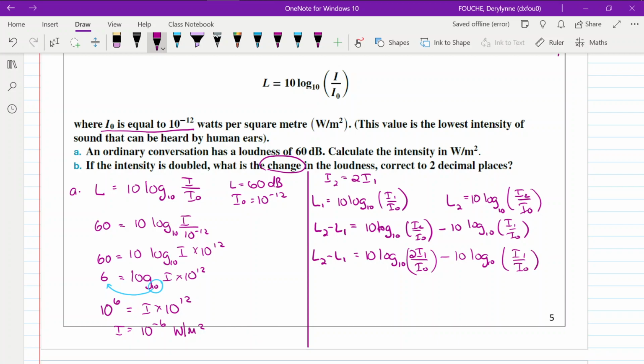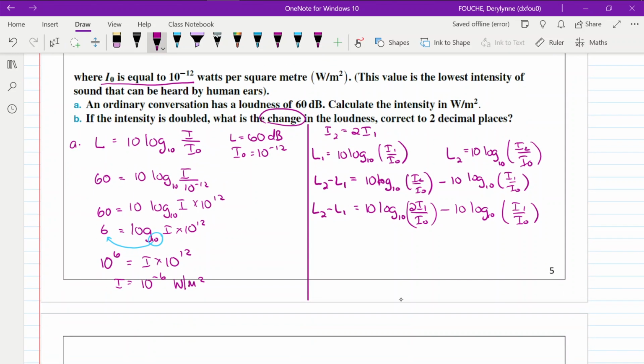Okay. And what shall I do now? I think what I'm going to do is I'm going to split out these denominators, because I can use my log laws in an inverse form to split them out. So let's go.